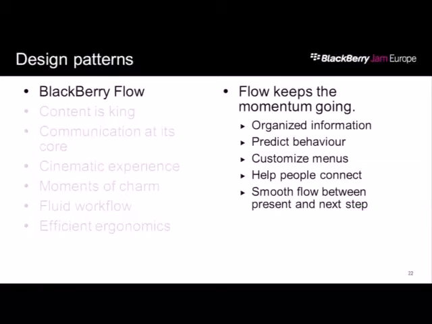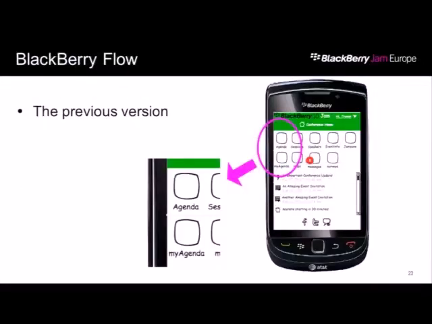So things like, it might help to predict your behavior, but in general, it might do little things like help customize your menus. Ultimately, to help people connect and to keep the communication at its core, of course, which we're going to get to in a second. So what does that mean? That's a lot of high-level stuff. How does it translate into the real world?